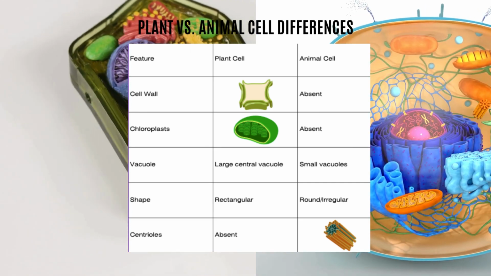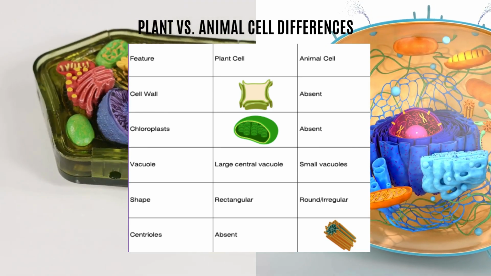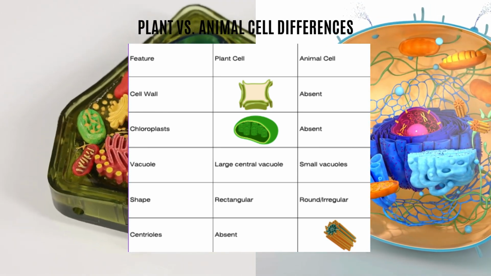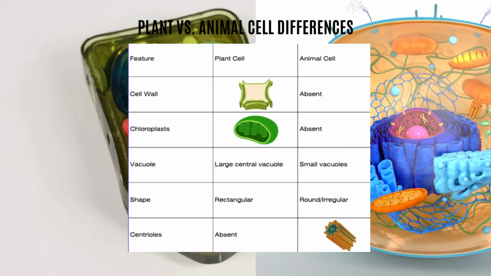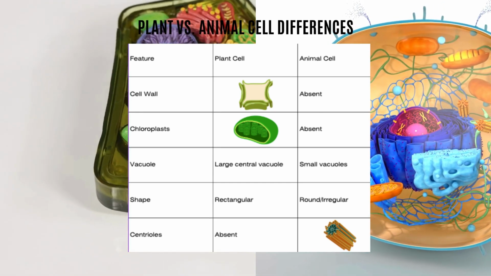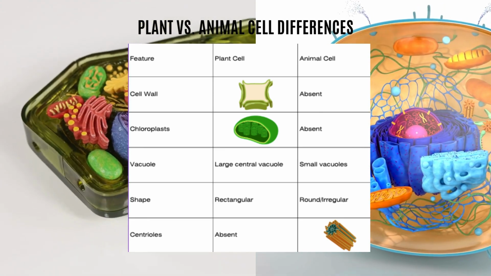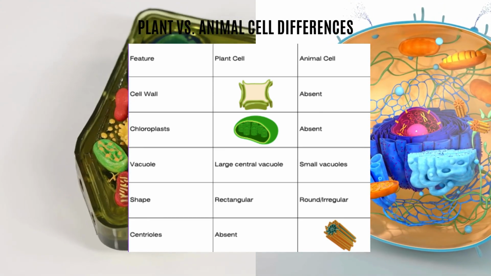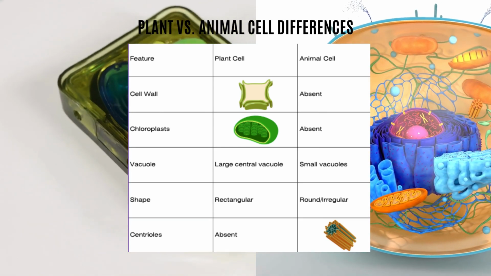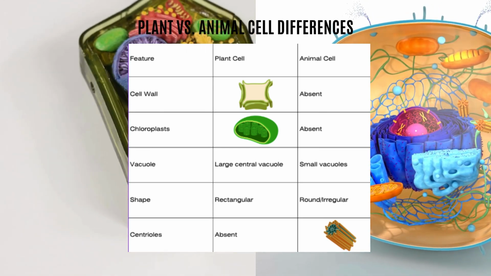And you want to think, why would that be? That's because it has to hold in a lot of water. We can easily, as animals, go ahead and take water on a repetitive basis, but plants don't have that luxury, and therefore they're going to need a large central vacuole to hold that water, especially during times of drought.